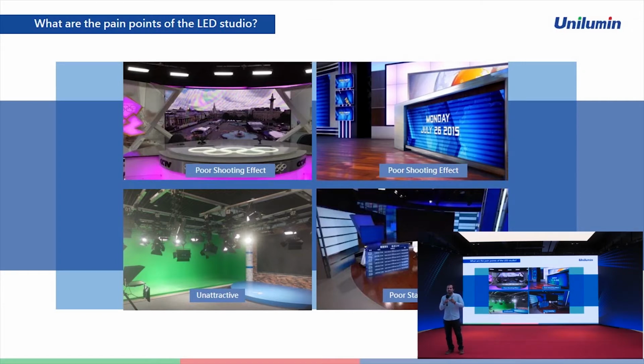The LED screens in the first and the second pictures have poor shooting effects. The third picture is too simple and unattractive. In the last one, the LED screen has black lines in it, and there is no redundancy in place. All of these are the customer worrisome points. And the question arises, why or how did this happen?